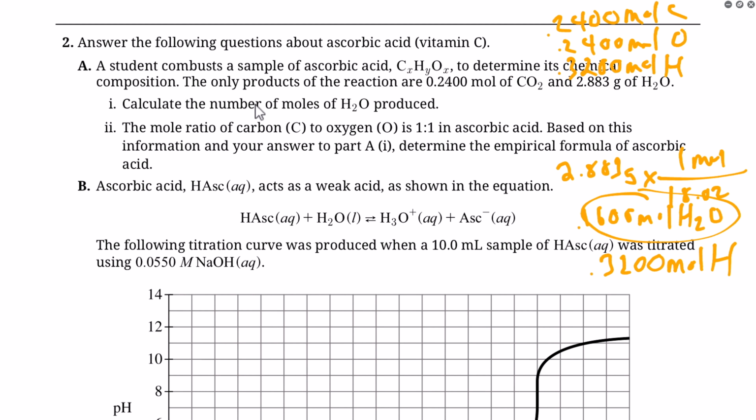So remember that when we do empirical formula, we divide by the smallest mole number. So we're going to divide by the 0.24 for each of these. So we end up with carbon 1, oxygen 1, and hydrogen 0.32 divided by 0.24, 1.33.